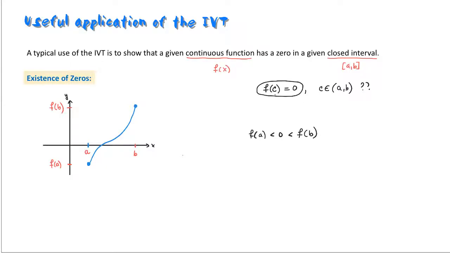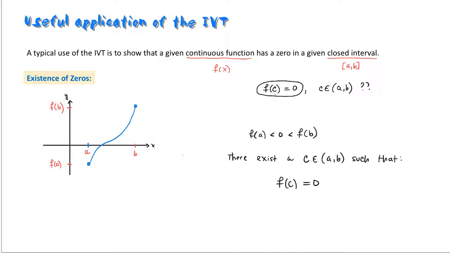So, because I know that 0 is between f of a and f of b, and the function is continuous and everything else, then the IVT will say that indeed there exists a c in the interval AB such that f of c is equal to 0.